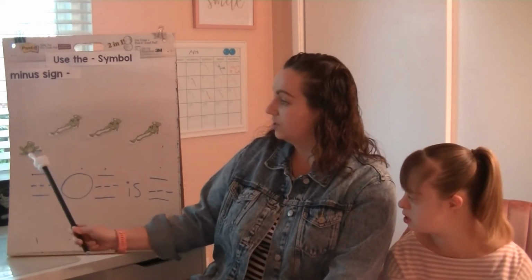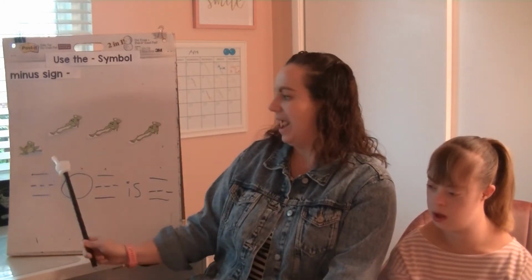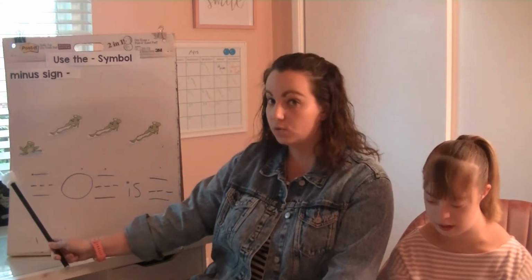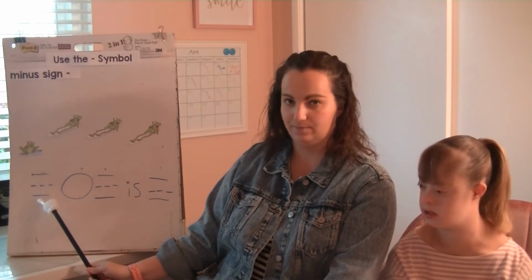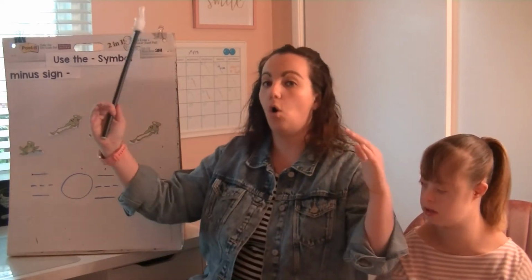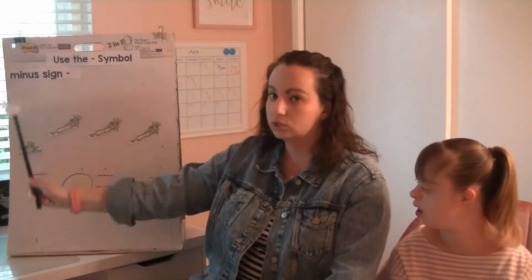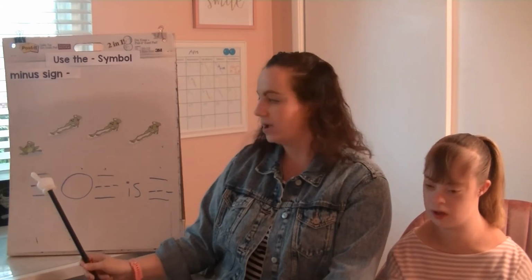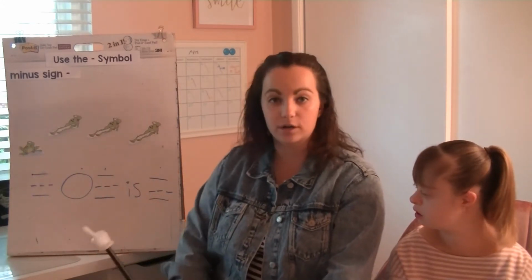First, you're going to notice a group of animals. However many animals you start with, you're going to write on that first line right there. That's the whole or the big number, how many animals there were to start with. So let's count how many frogs we're starting with in all.